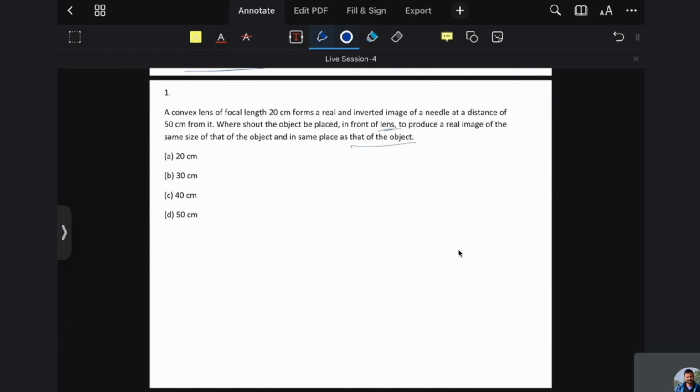So suppose this is a convex lens and its focal length is given. Focal length is 20 centimeter. Okay, and a real inverted image of the needle at a distance 50 centimeter from it.